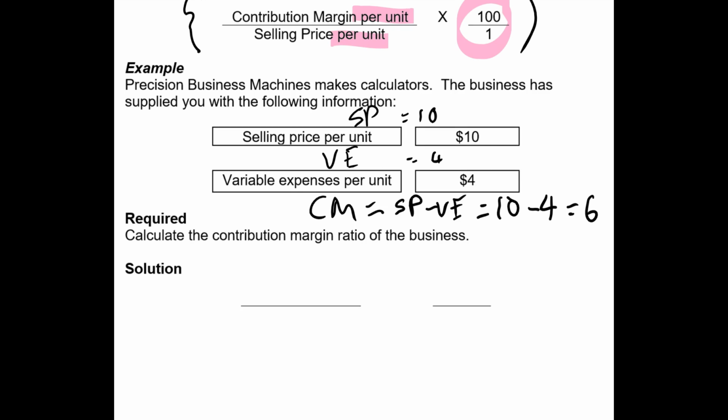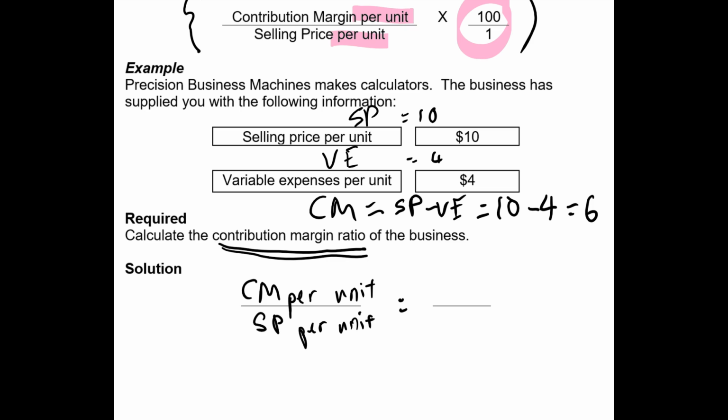So they ask you to calculate the contribution margin ratio. Contribution margin ratio equals CM per unit divided by selling price per unit. Your CM per unit, you already calculated over here, $6. Contribution margin equals selling price minus variable expenses.